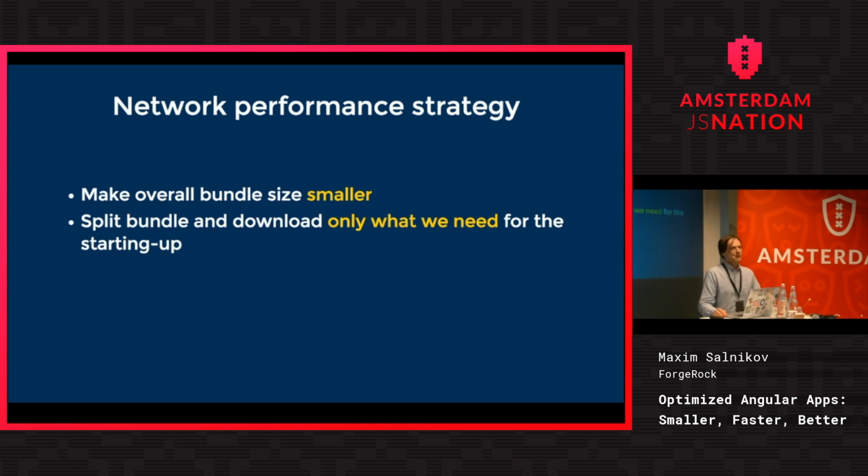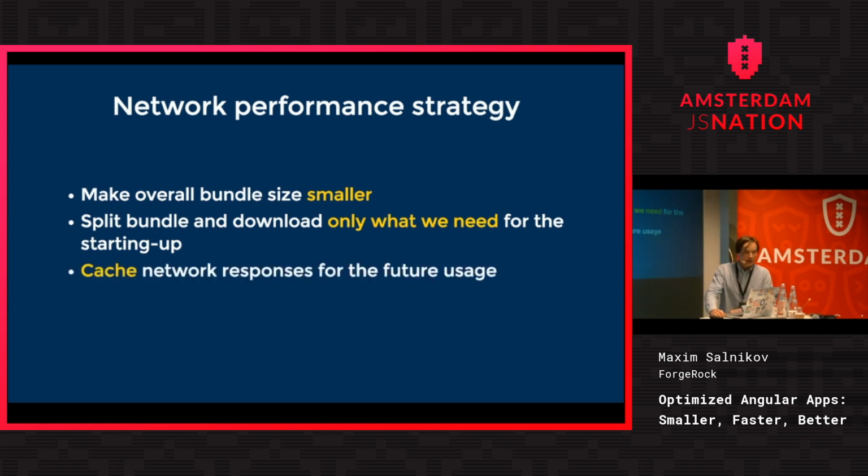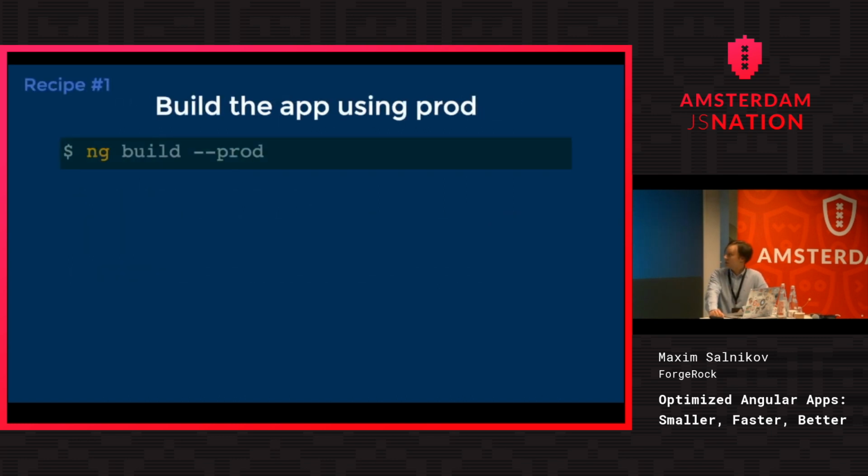Because at first load, they physically cannot use the full potential of our cool app, so it makes sense to deliver only what we have to deliver. And last but not least, as I mentioned, it would be really cool to cache as much as we can, of course following some rules, so as not to always deliver stale code. And based on that, the first recipe is actually not even a recipe, right?